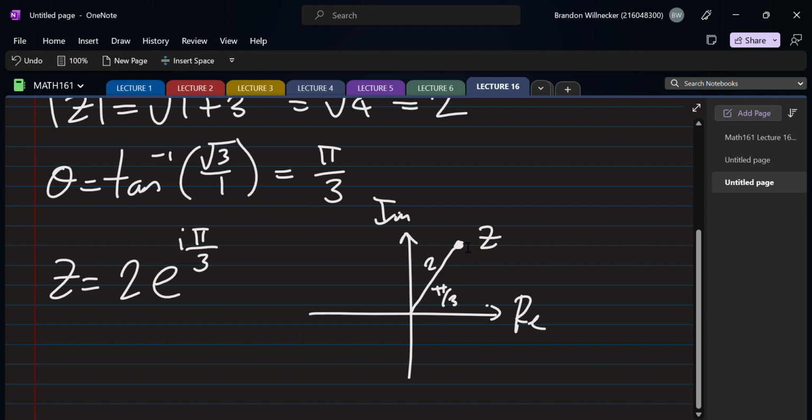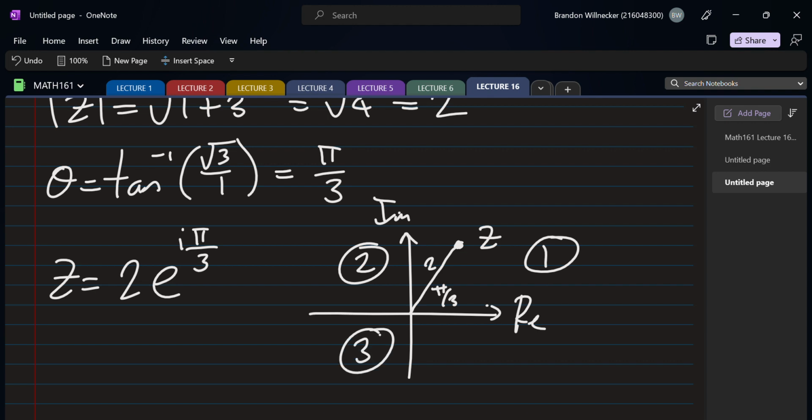Okay, so positive real, positive imaginary, so it should be somewhere there. If you're unsure about this angle, to see if you got it right or not, just draw a quick diagram, and you can see, is the real part positive and the imaginary part positive? You should be here. If the real part is negative and the imaginary part is positive, you should be up here. If the real part is negative and the imaginary part is negative, you should be down here.